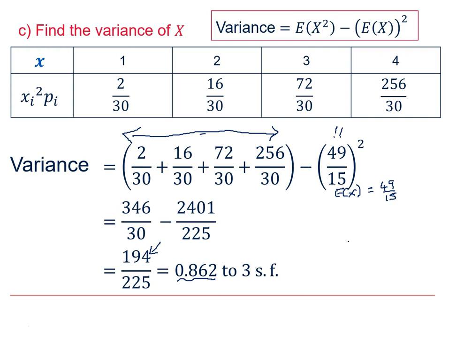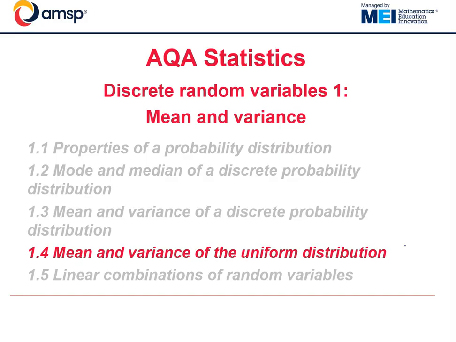And you might like to use the symbol for that as well, 0.862, and remember the standard deviation would be the square root of that outcome, so the square root of 0.862. And that concludes this third session in the series on discrete random variables 1.